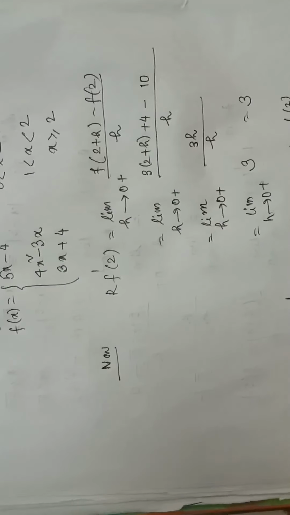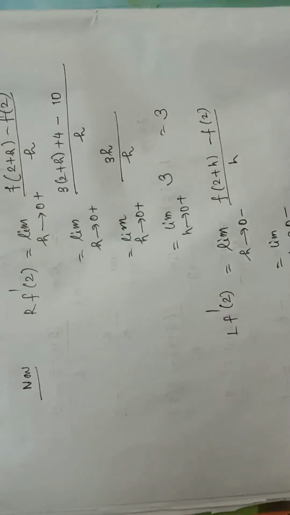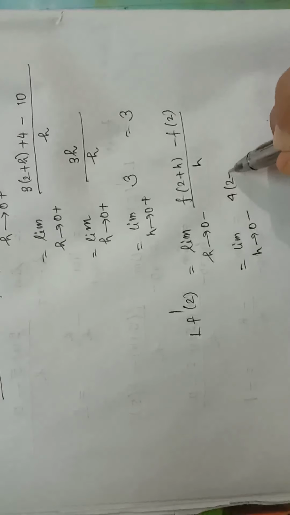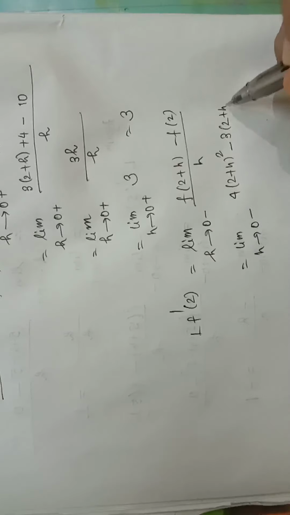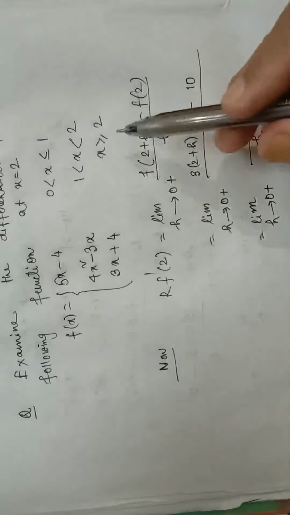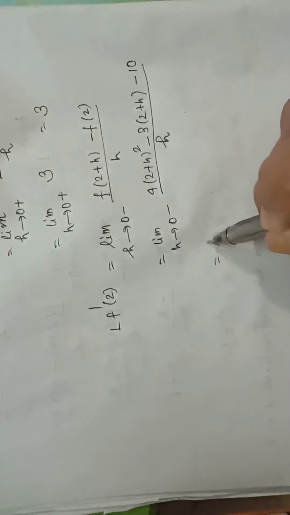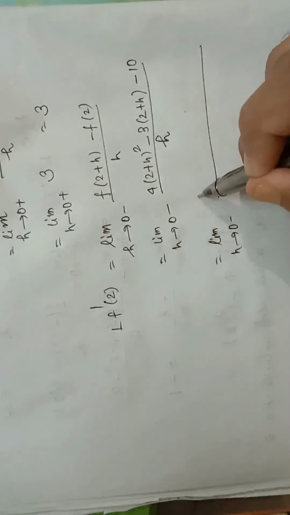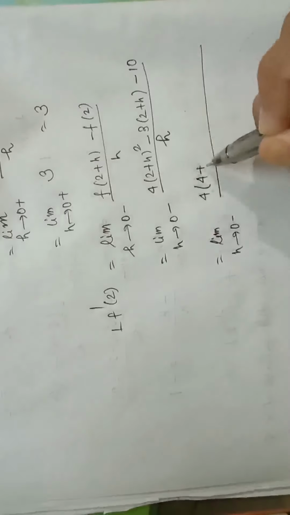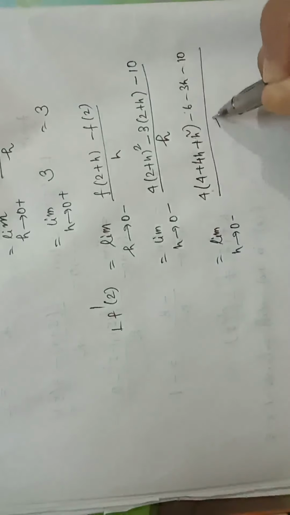So f of 2 plus h will be, we have to put here 4x square minus 3x. It will be 4 into 2 plus h whole square minus 3 into 2 plus h. f of 2, equal to sign is here, f of 2 is 6 plus 4, 10. So it will be minus of 10 divided by h. Limit h tends to 0 minus, 4 into 4 plus 4h plus h square, minus 6 minus 3h minus 10, by h.